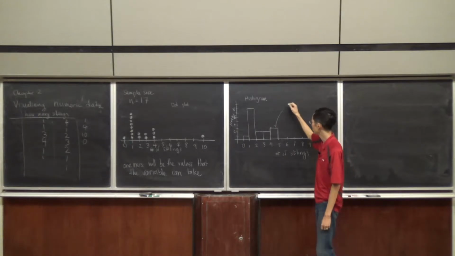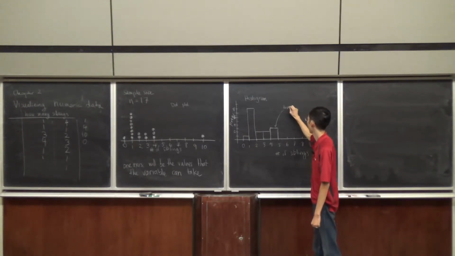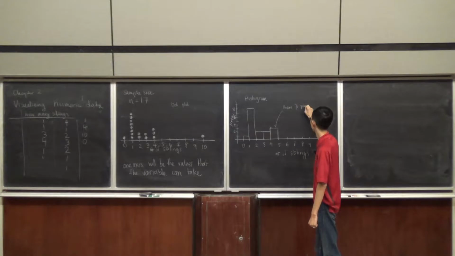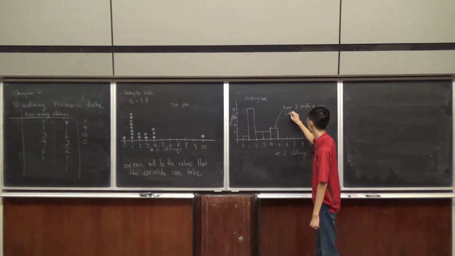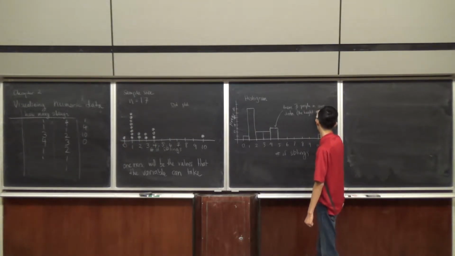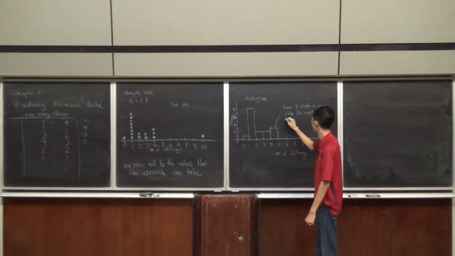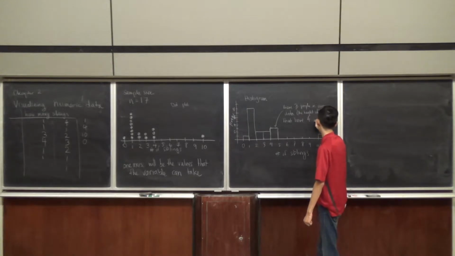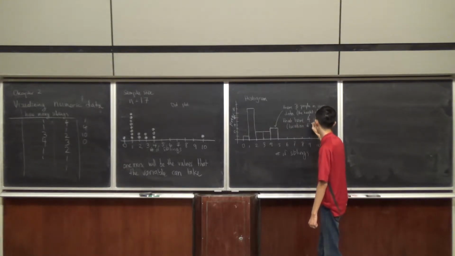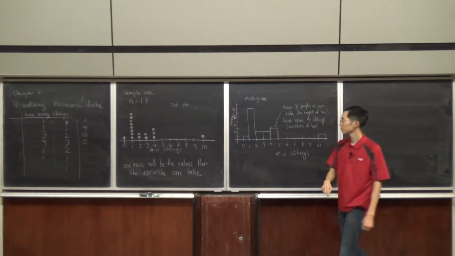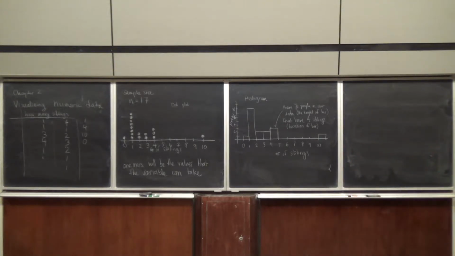So just so we understand, the height of the bar tells us how many people in the data have 4 siblings, and the location tells us the value. Is that okay? All right.